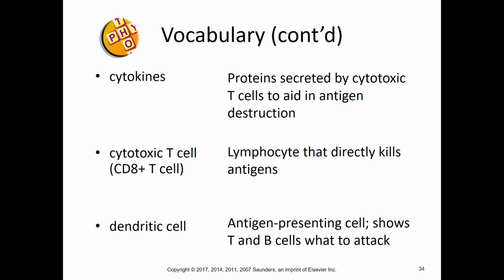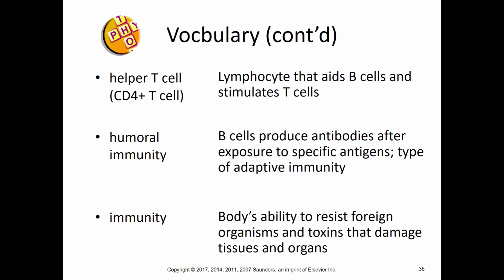Dendritic cells are antigen presenting cells that show T and B cells what to attack. Helper T cells, CD4 plus T cells, are lymphocytes that aid B cells and stimulate T cells. So that's why they call them helper.